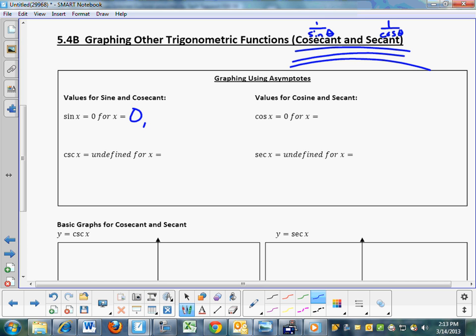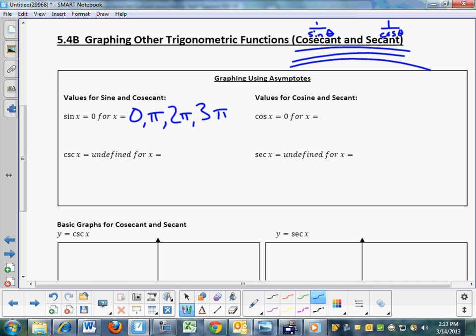And then at pi, it's equal to 0. At 3 pi over 2, it's equal to negative 1, very good. And at 2 pi, it's equal to 0. So you can kind of see what's going to happen here. At those spots, sine's equal to 0.